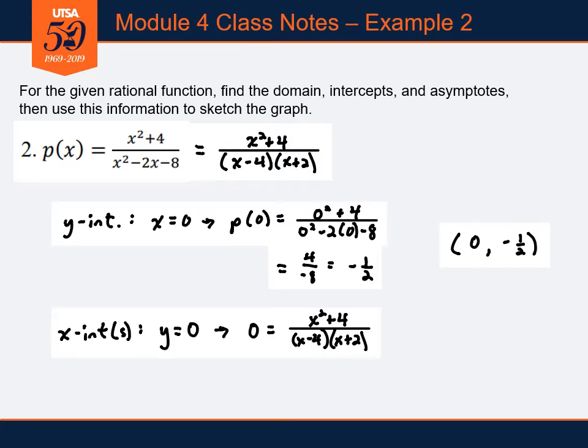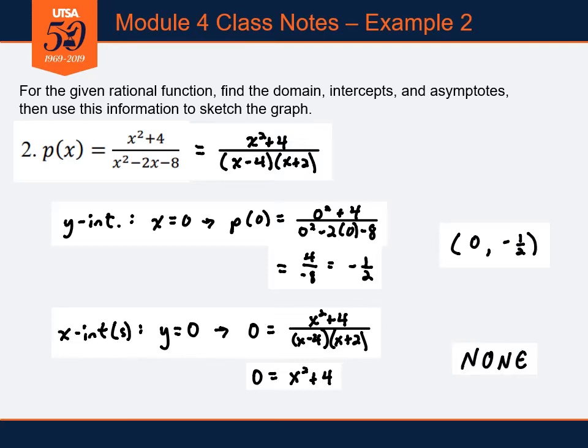For the x-intercepts, we set the output to 0, we set the y value to 0, and like we said in the previous example, that boils down to just setting the numerator equal to 0. Except in this case, x squared plus 4, if we try to set that equal to 0, there's no x value that works there.